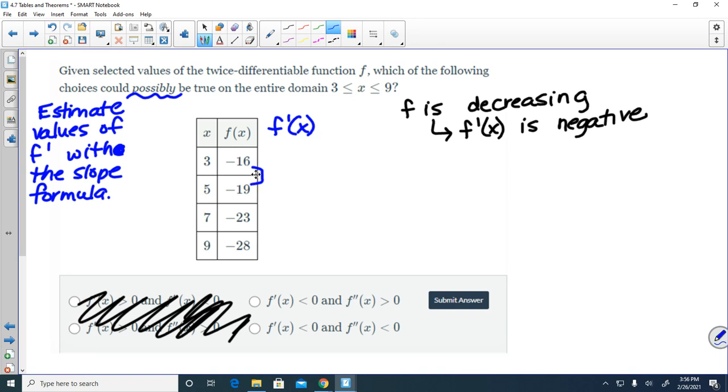I would need to take y2 minus y1, so negative 19 minus negative 16 over 5 minus 3, that's x2 minus x1. So f prime, maybe I should do f prime right here because that's the slope, is negative 19 minus negative 16, divided by 2, is negative 1.5.